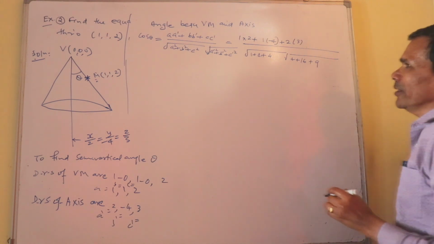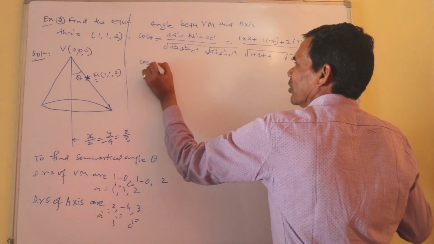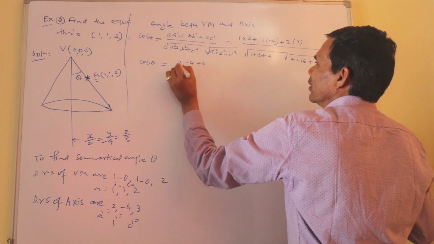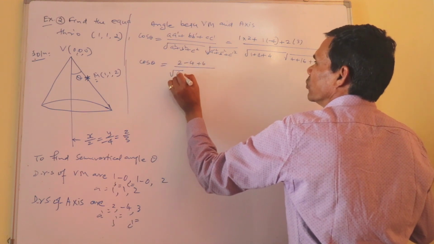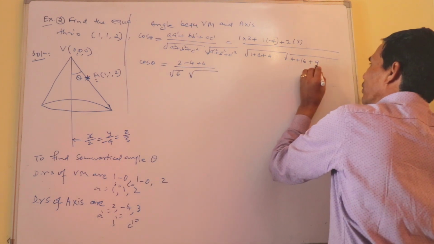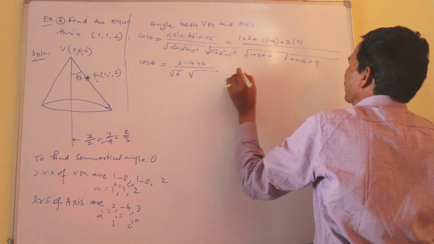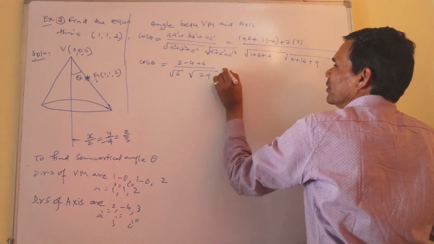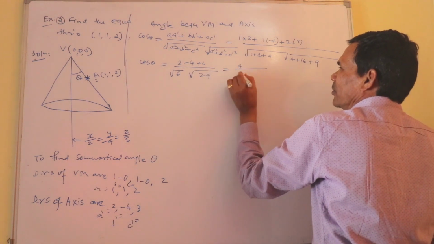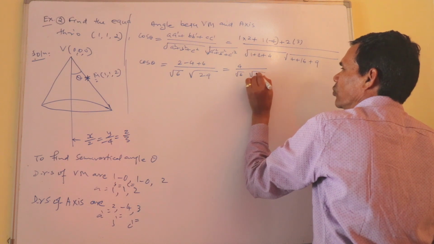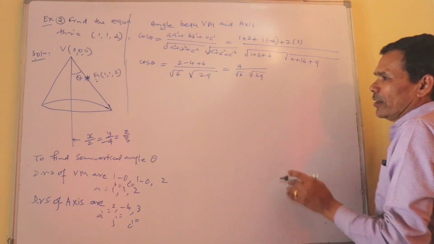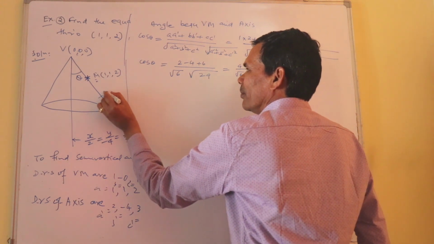So cos theta is equal to 2 minus 4 plus 6 divided by root 6 and root 29, which is equal to 4 upon root 6 into root 29. So cos theta is this. So this is the angle. Now we take some point P(x, y, z).